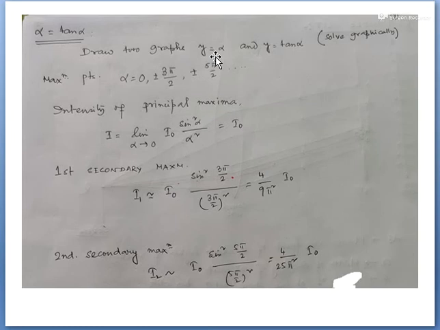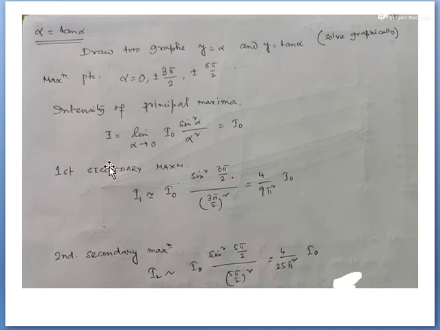So this straight line makes an angle of 45 degrees with each of the axes. The other equation is y equal to tan alpha. So I draw the first line y equal to alpha, and the second graph y equal to tan alpha, then take the points of intersection.